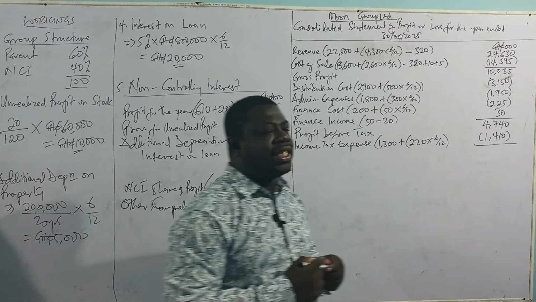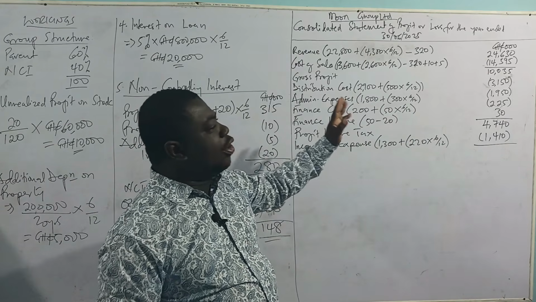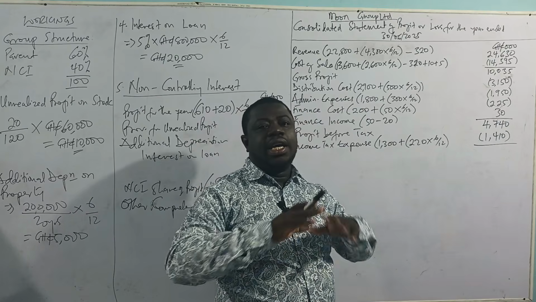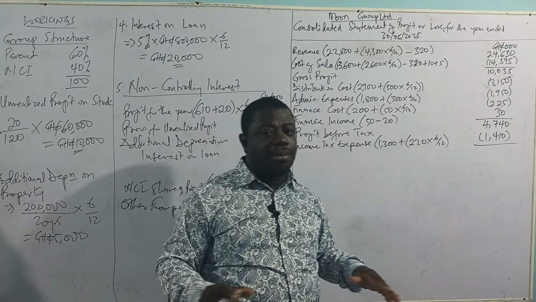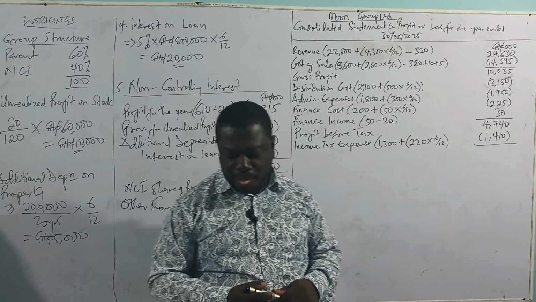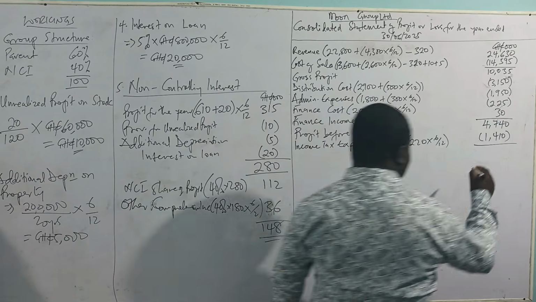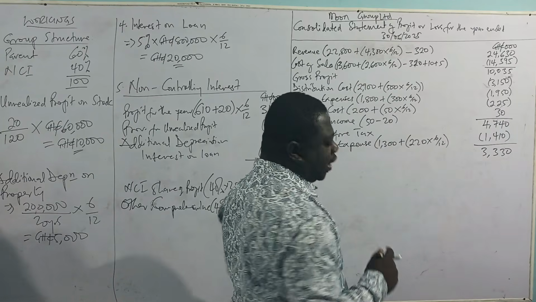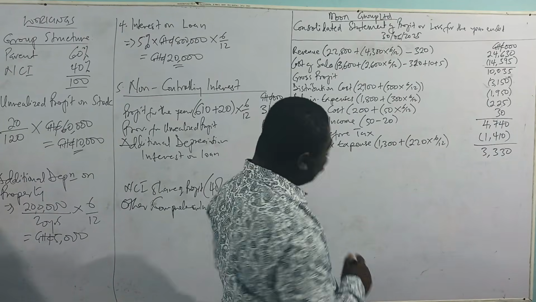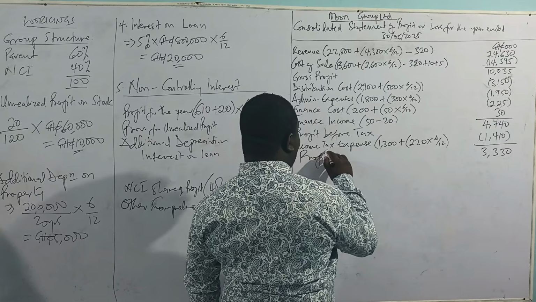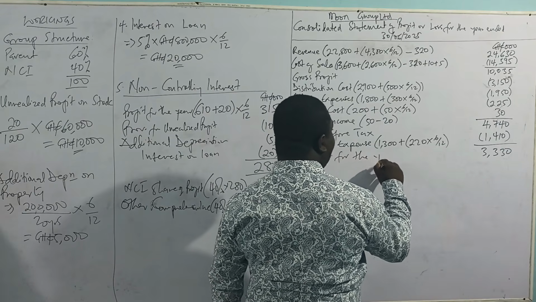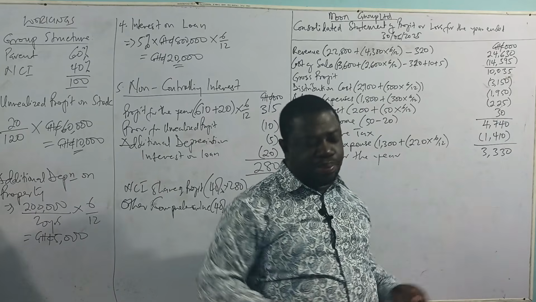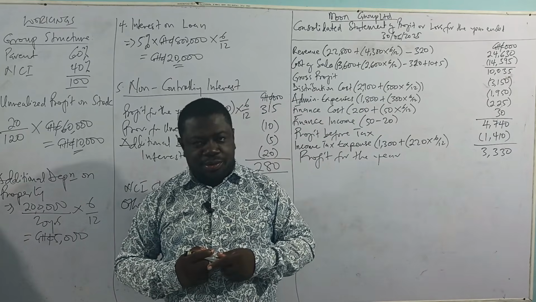So you realize that for that of the subsidiary, all the income and expenses are being time apportioned, with the assumption that interest, expenses and income accrue evenly over the year. So that gives us 3,330 as our profit after tax or profit for the year. So profit for the year is 3,330 for the group. I'm sure this is understandable.